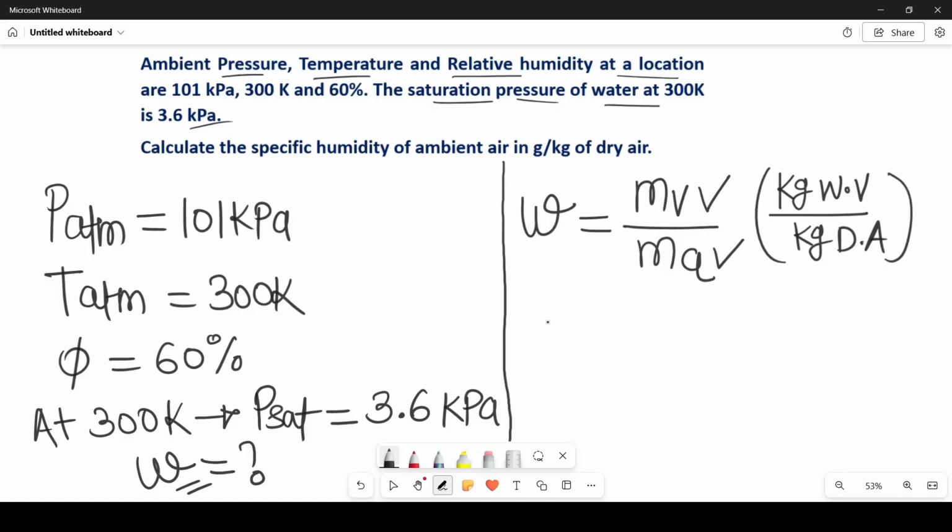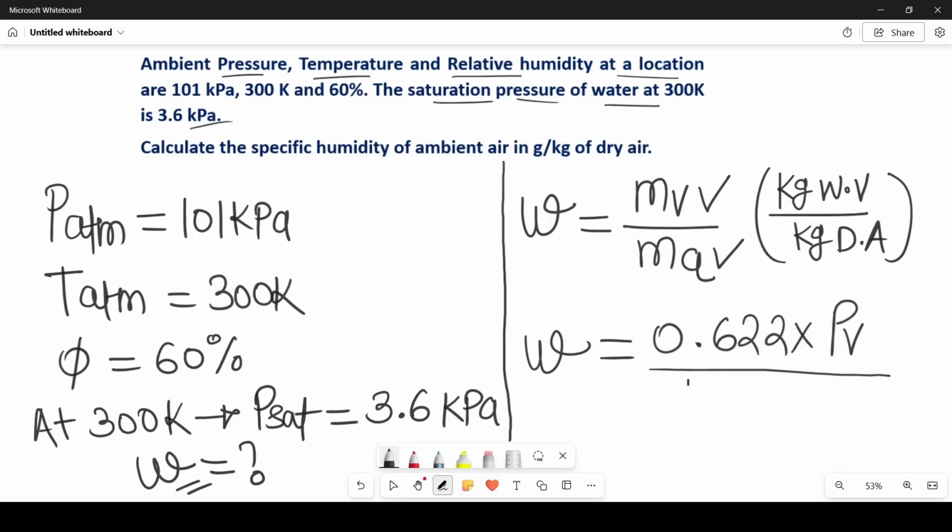Specific humidity can also be written in terms of partial pressure and total pressure. It is equal to 0.622 multiplied by PV divided by PT minus PV, where PV is partial pressure of water vapor and PT is total pressure.